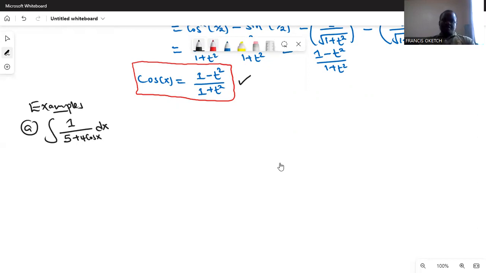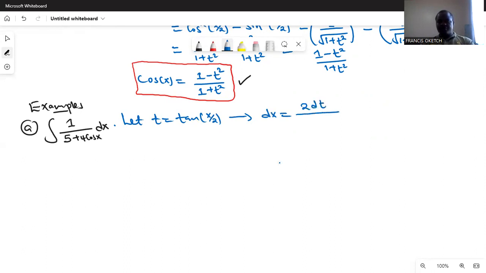So what do we need? We need to know the substitution for dx and also cos x, because we want to express the integrand as a function of t. So we start by saying let t be equal to tan x over 2. With this substitution, we have shown that dx will be equal to 2 dt over 1 plus t squared.